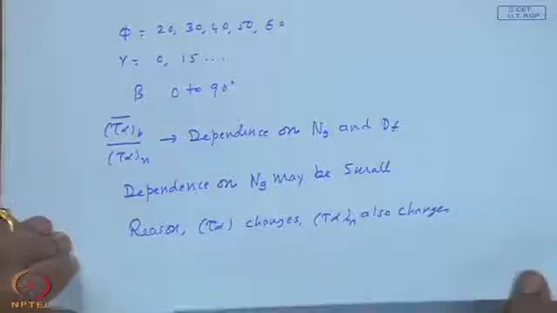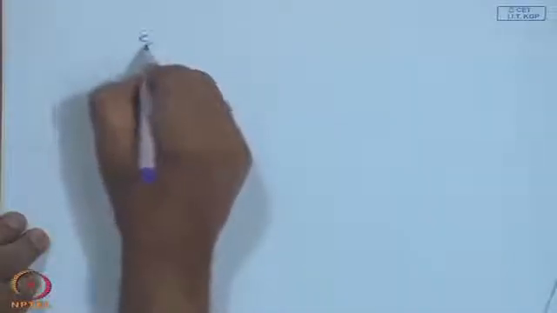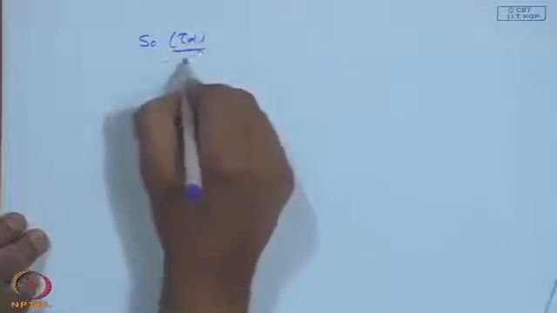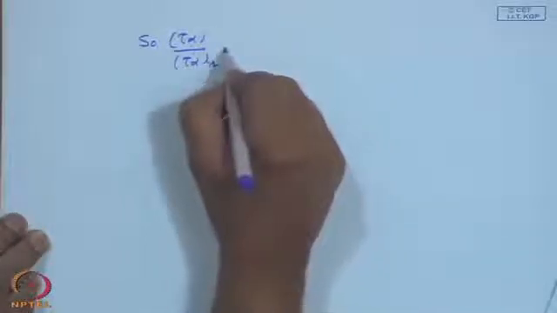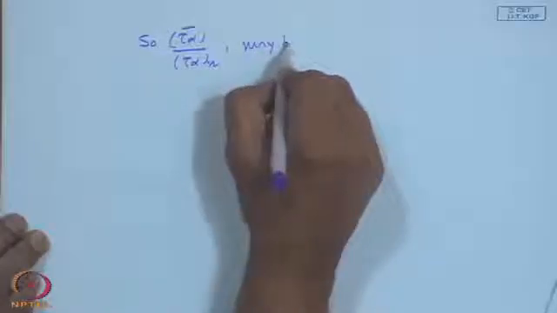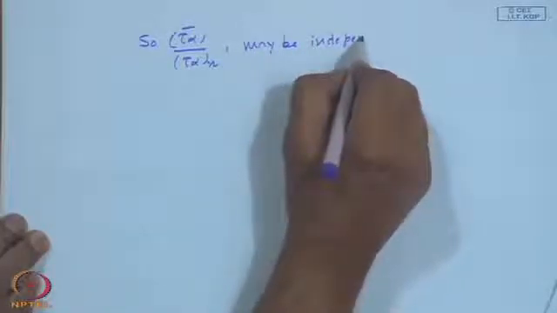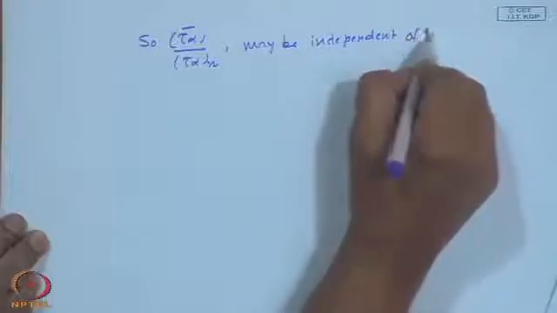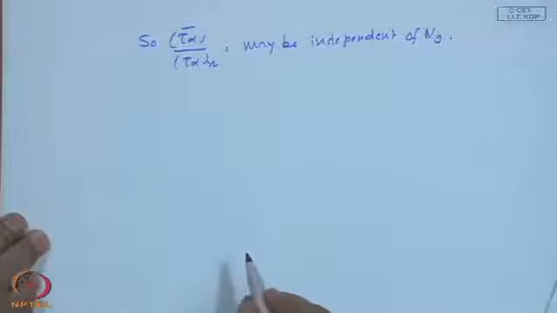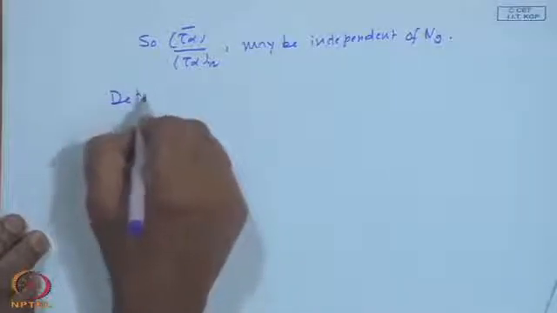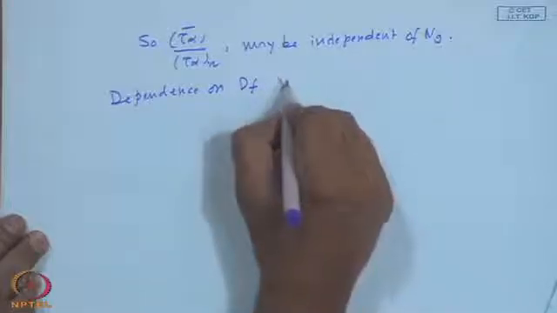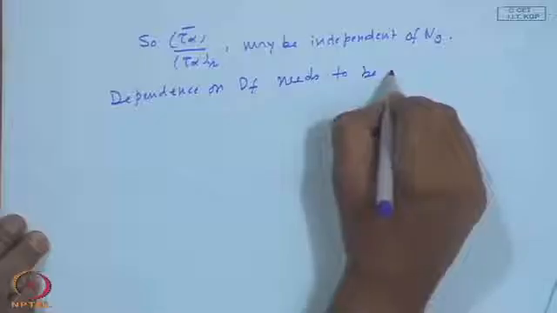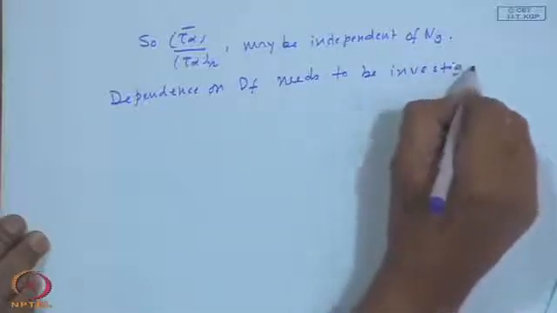So, tau alpha by tau alpha normal in general on average may be independent of N g, but dependence on d f needs to be investigated.